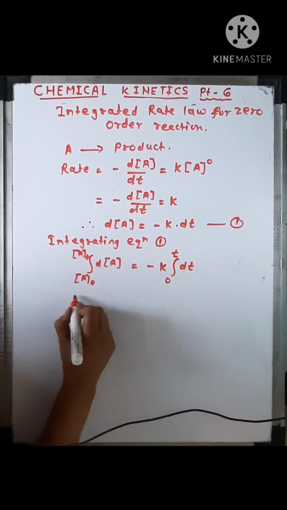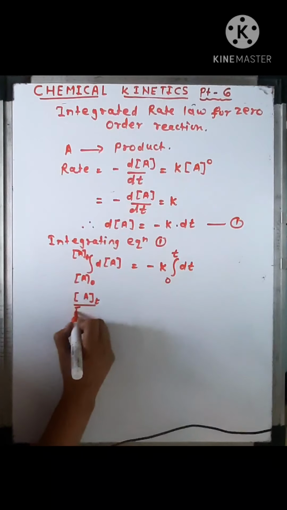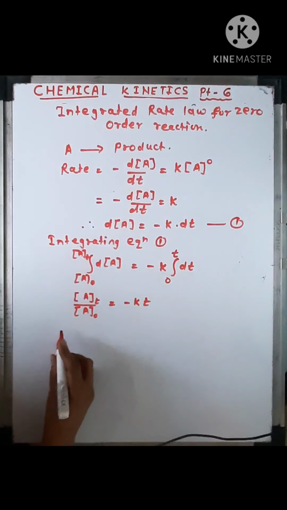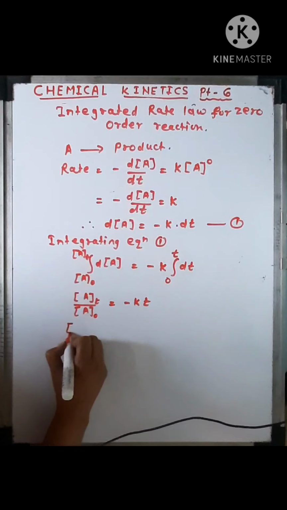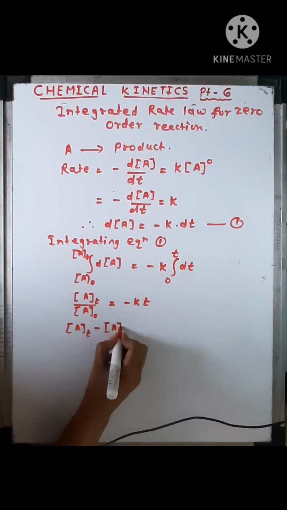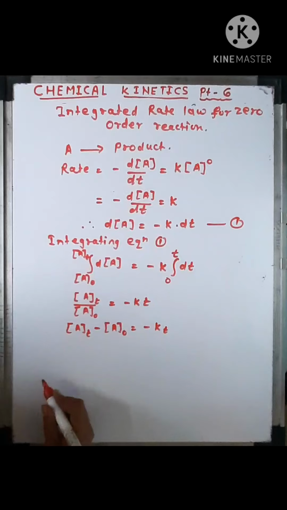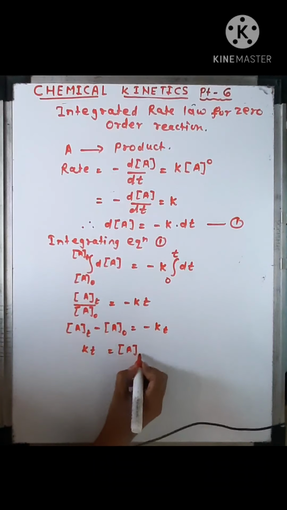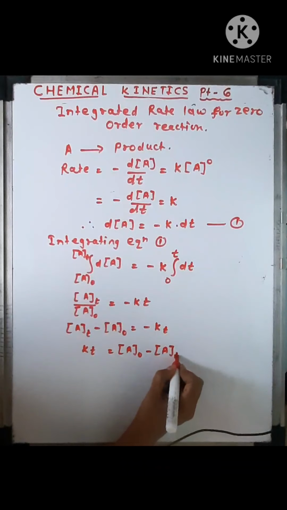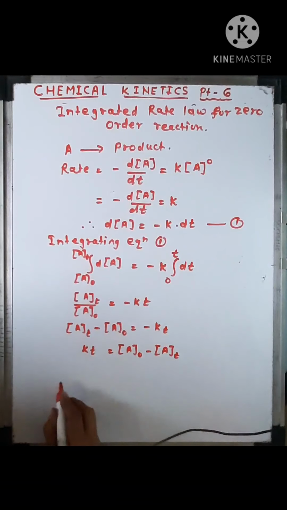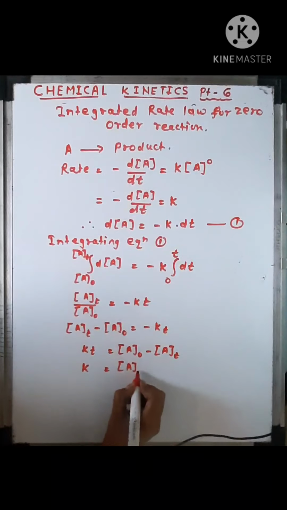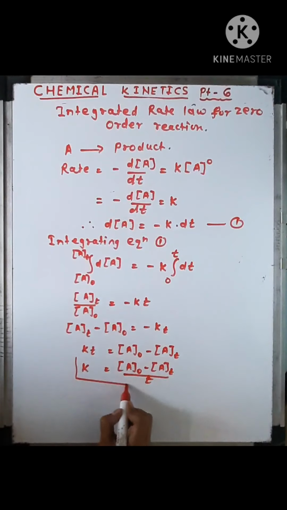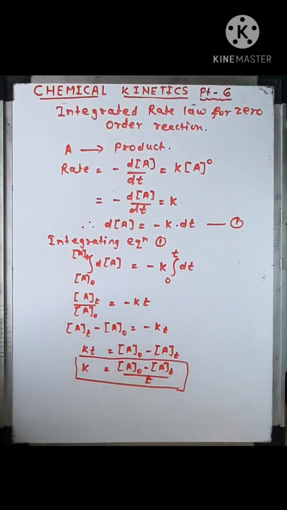Then At minus A0 is equal to minus Kt. And if we remove these signs, then Kt is equal to A0 minus At, and K is equal to A0 minus At upon t, and this is the integrated rate law for zero order reaction.